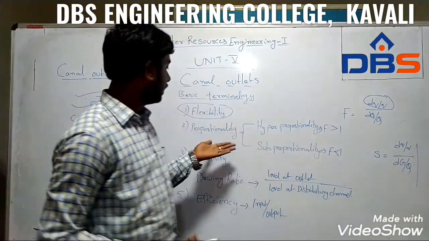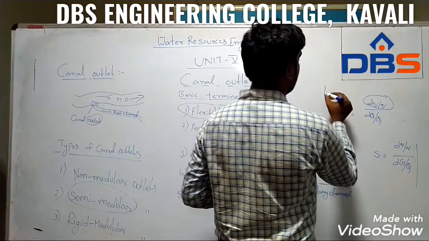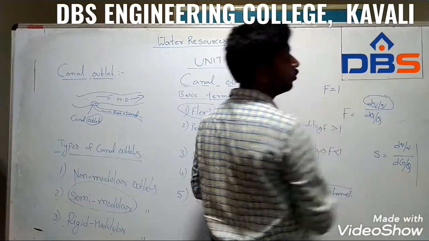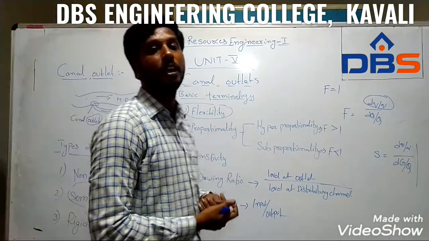The next one is proportionality. When the flexibility value equals 1, that kind of outlet we call a proportional outlet.